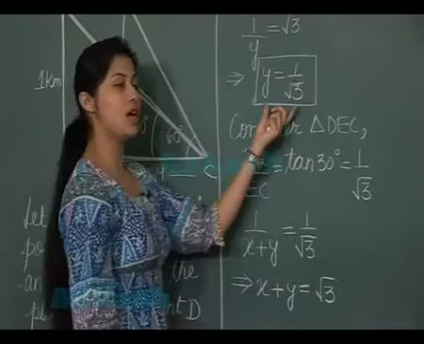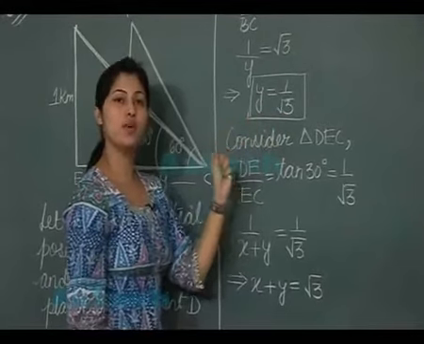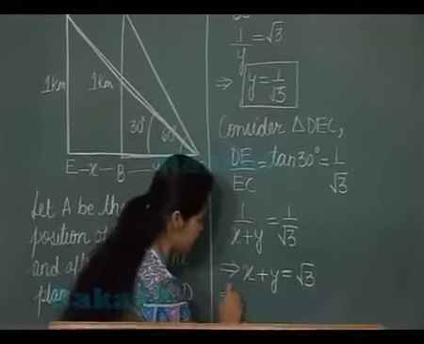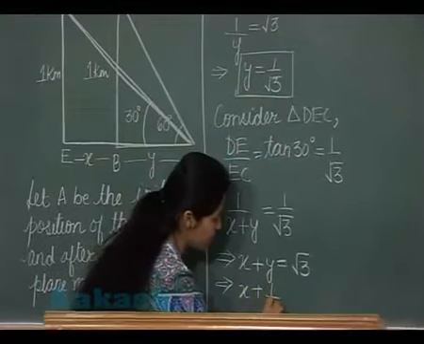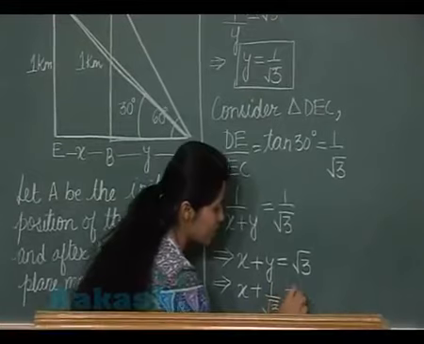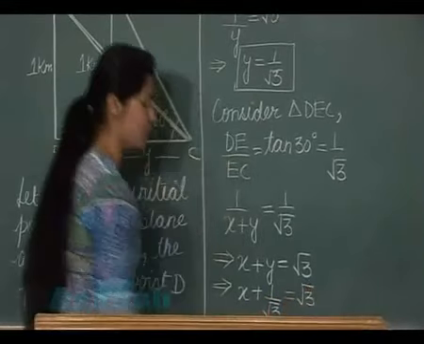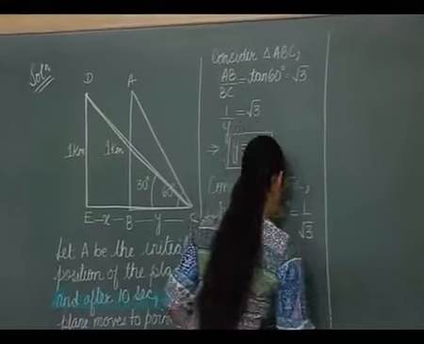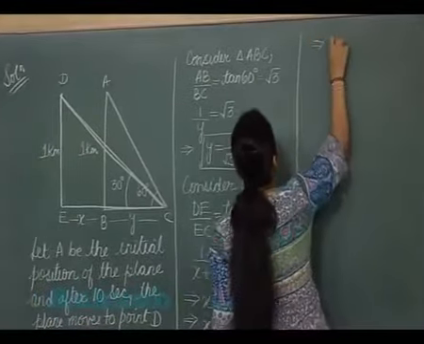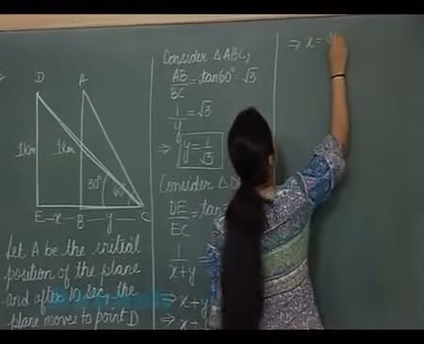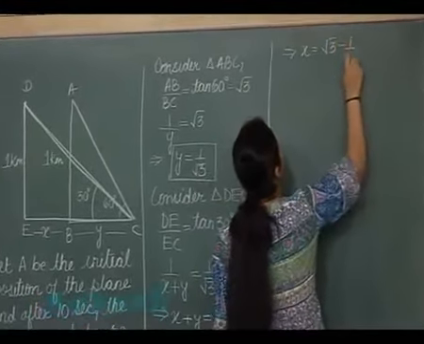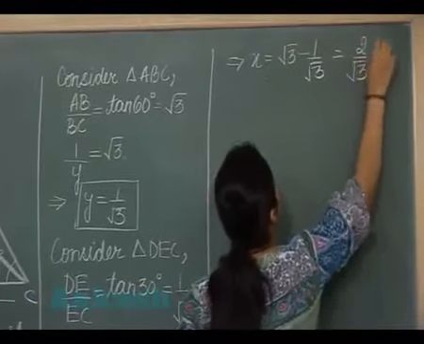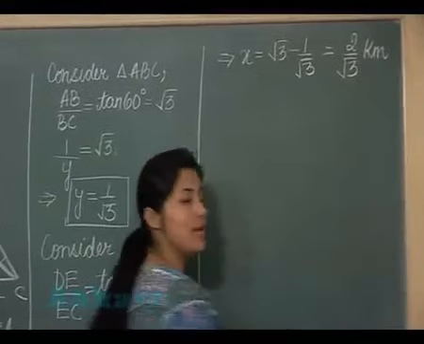But student, we have found the value of y, which is 1 upon root 3. So we will substitute this value here. So x plus 1 upon root 3 is equal to root 3. From this we can get the value of x. So the value of x will be root 3 minus 1 upon root 3, which is equal to 2 upon root 3, and the unit will be kilometers here.